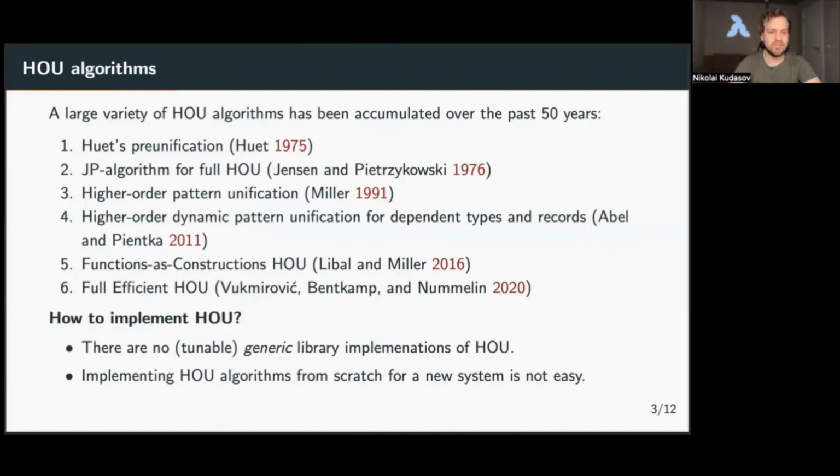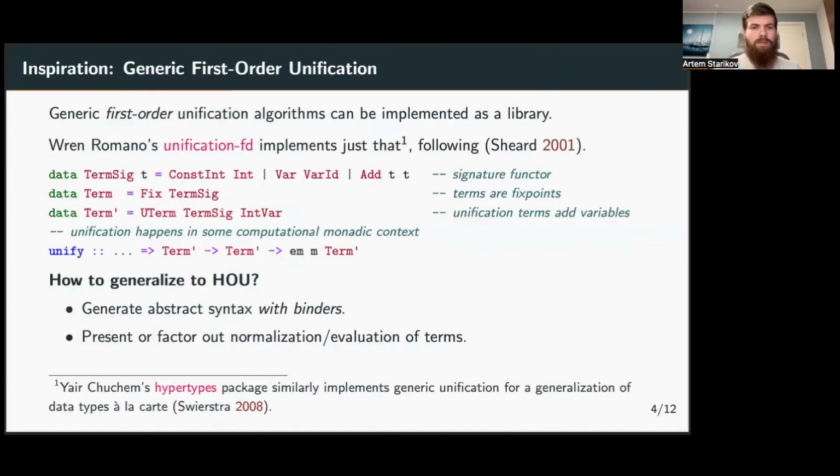Now, this unfortunately forces developers of new tools or new formal systems to either learn and implement complicated higher-order unification algorithms and also adapt them to their own language, or abandon user-friendly features in their tools, such as implicit arguments or type inference in their proof assistants.